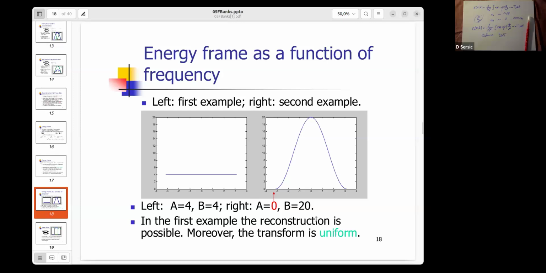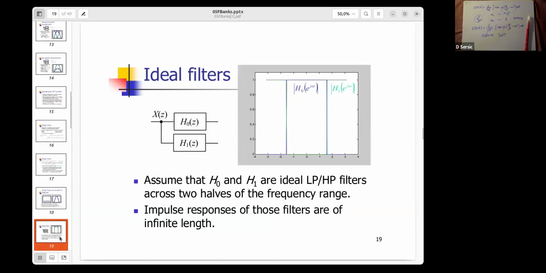For many applications, it will be acceptable if A is some positive number greater than 0, B is some positive number which is greater or equal to A, but it is not infinite, so it must be finite, less than infinity. So this is a very simple story about the energy frame of our transform.